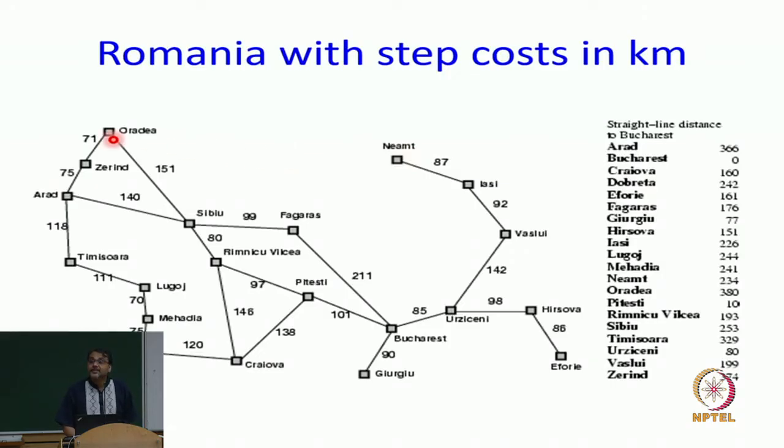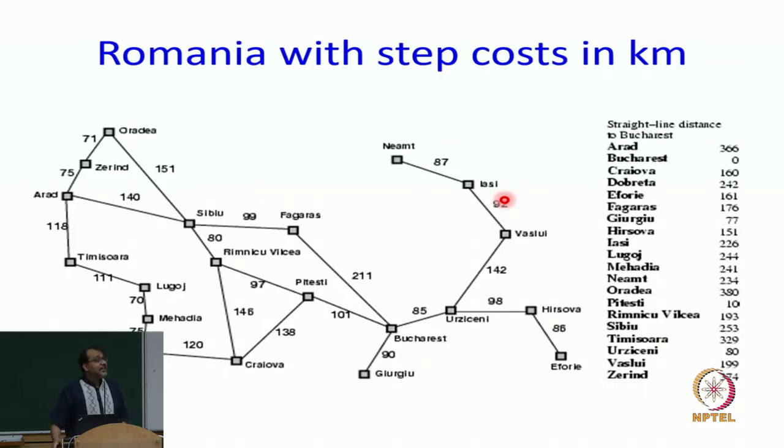Neamt. So, what is Iași going to say? Let me go to Neamt. So far so good. Now, from Neamt, how many cities can I go to? 1, Iași. Which of these cities look closer? Iași. So, I will go to Iași.